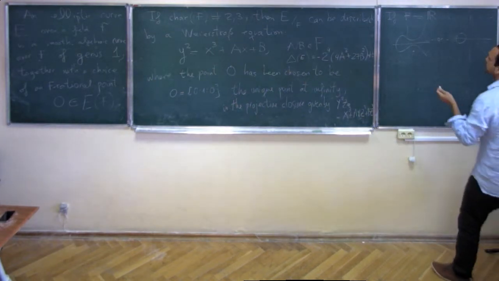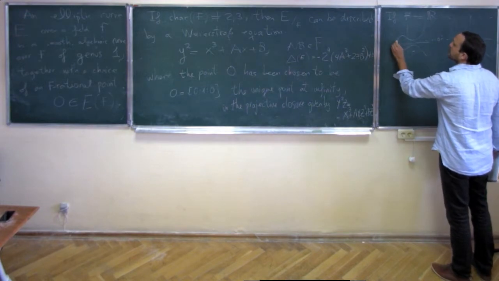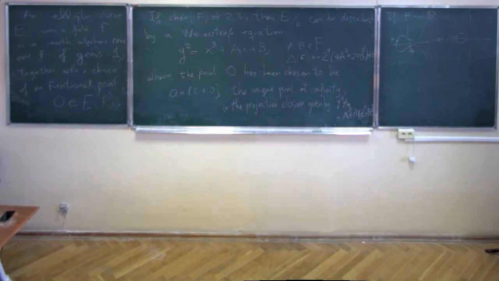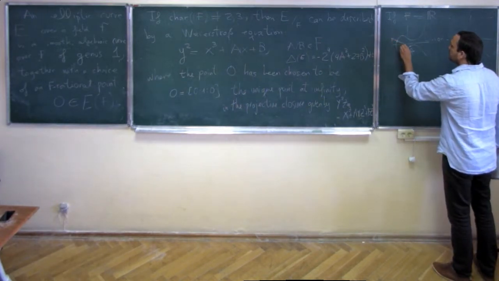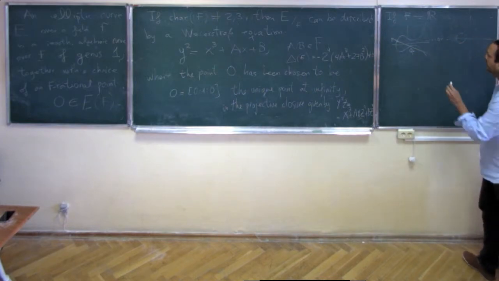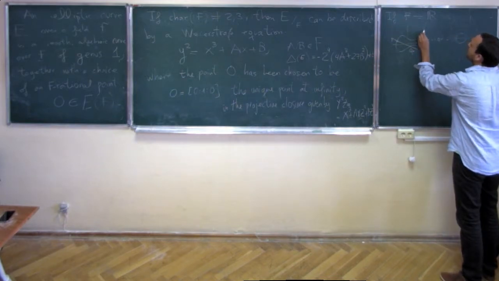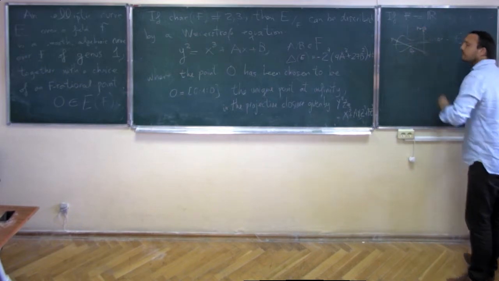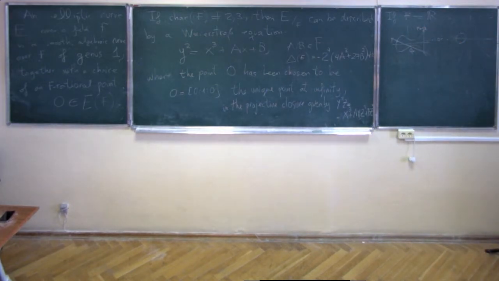And if you have 2 points, say P and Q, on this elliptic curve, there is a natural addition law on the set of points, which is that if you take the line joining them, and then you take this vertical line, you define this to be P plus Q, and this gives a structure of an abelian group on the set of rational points on the elliptic curve.